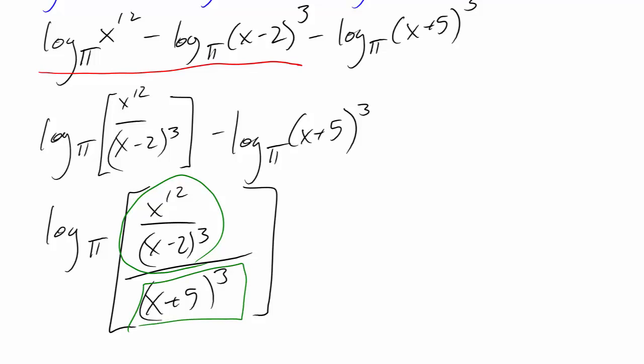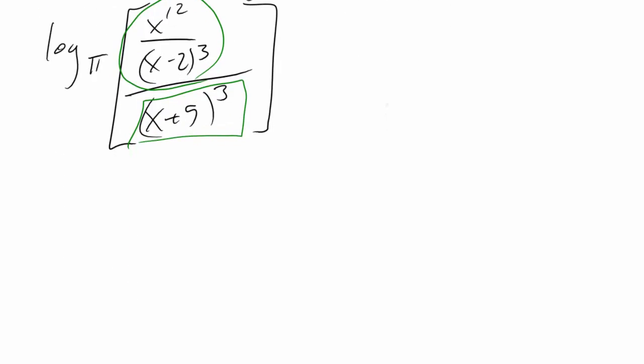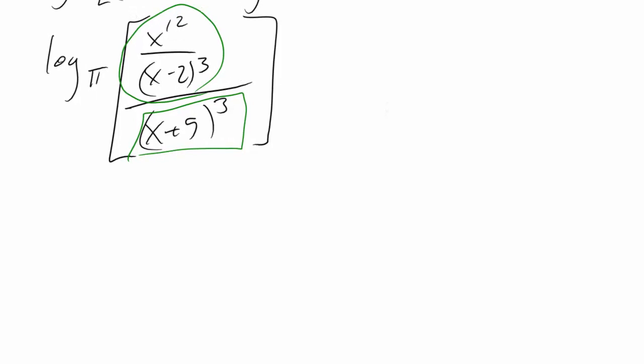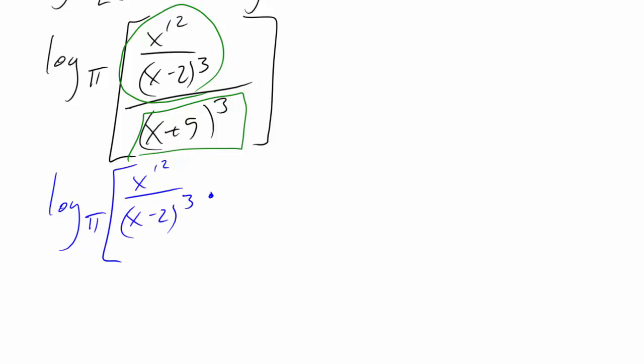Now we know that dividing by a fraction is the same thing as multiplying by its reciprocal. While the x plus 5 isn't part of the fraction, it is still something we're dividing by. So we're going to rewrite this inside of our bracket as log base pi of x to the 12th over (x minus 2) cubed, times, now the reciprocal of (x plus 5) to the 3rd is going to be 1 over (x plus 5) to the 3rd power.